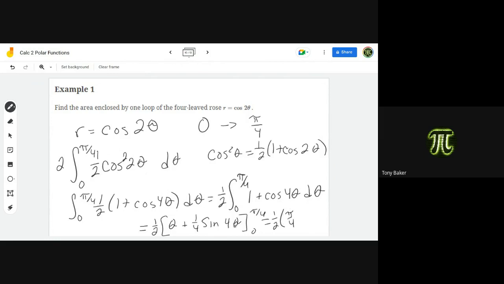Sine of pi is 0, right? Because it's pi over 4 times 4, which is pi, so sine of pi is 0. If I plug in 0, that's 0. Sine of 0 is 0. So the answer is pi over 8. So one loop area is pi over 8.